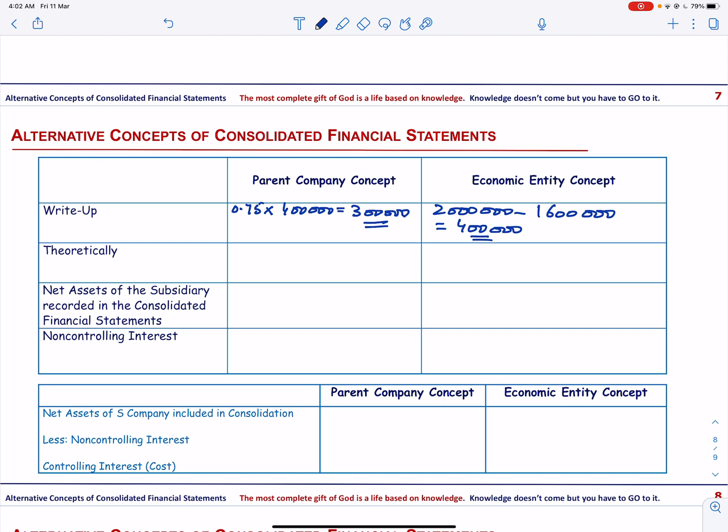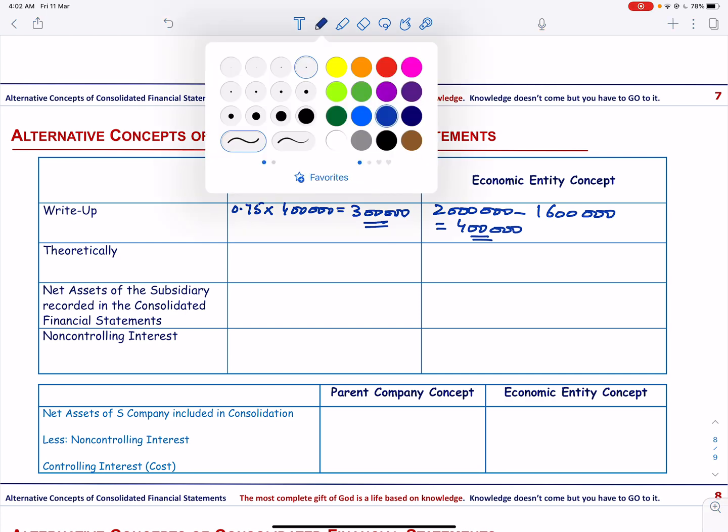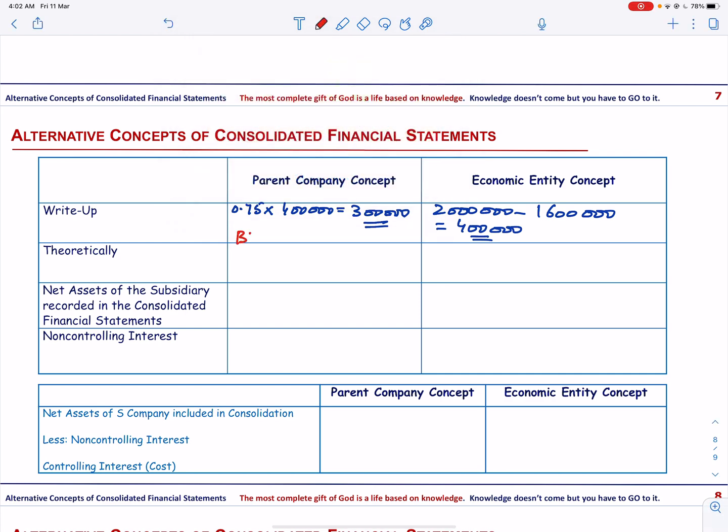Theoretically, write-up should be restricted to the amount actually paid by P company in excess of the book value of the interest it acquires. In our example, P company acquires 75%.